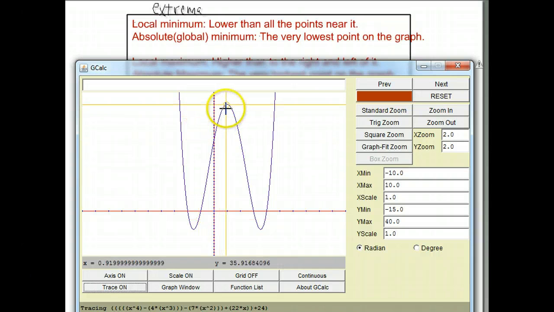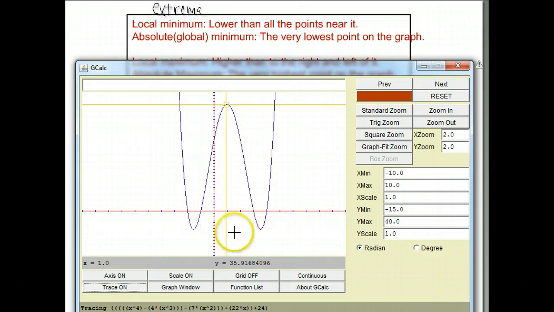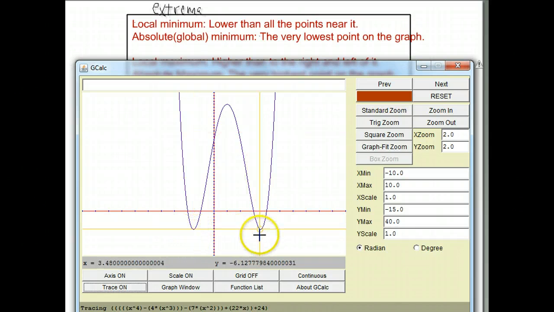So it's not an absolute maximum because there are points higher than it on the graph over here and over here. Okay, so it's just a local maximum. Here, this is a local minimum. This is a local minimum, but notice they're also the very lowest points on the graph. Nothing goes below that. So these would be also absolute minimum points.